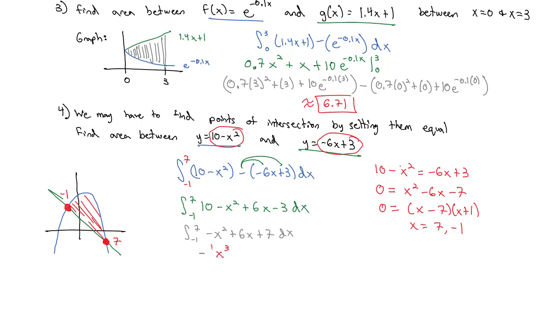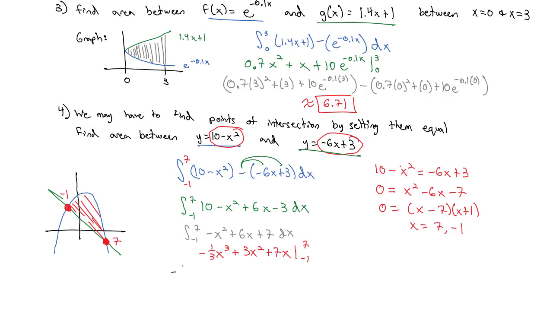We're going to increase the exponent by 1 and divide by the new exponent. Increase the exponent by 1 and divide by the new exponent. And then the antiderivative of 7 is 7x. And we're integrating that from negative 1 to 7.